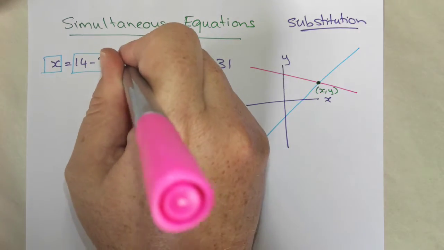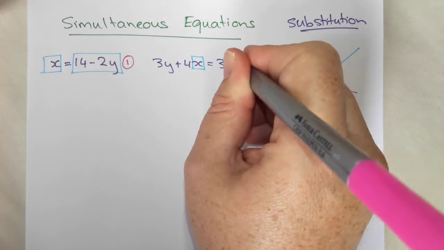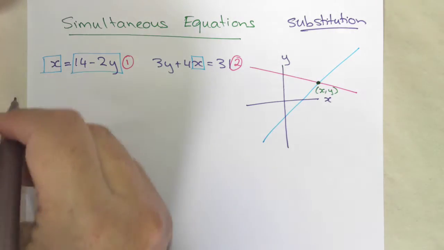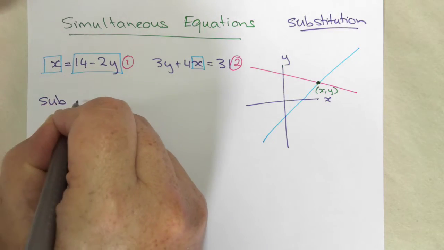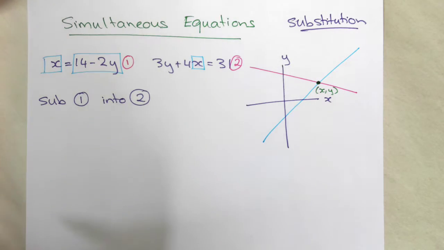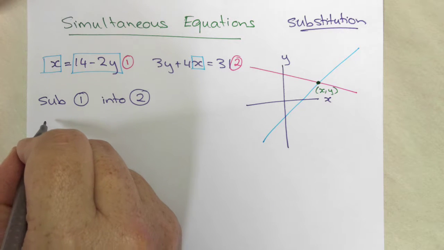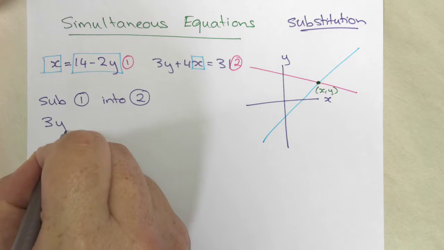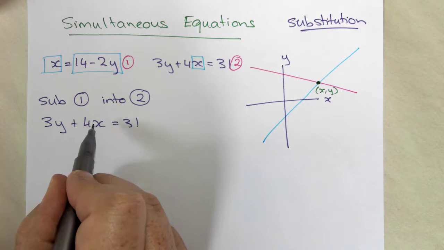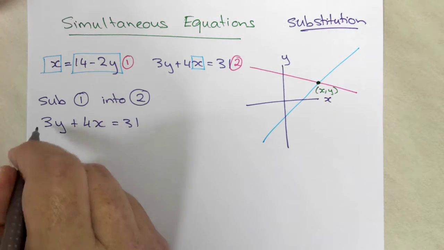I'm going to call this equation 1 and this one equation 2 so that I can write down my instructions carefully. I'm going to substitute equation 1 into equation 2. So I'm going to take equation 2, 3y plus 4x equals 31, and in place of that x, I'm going to replace it with this expression.